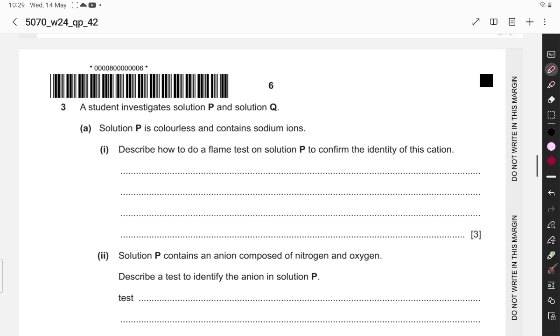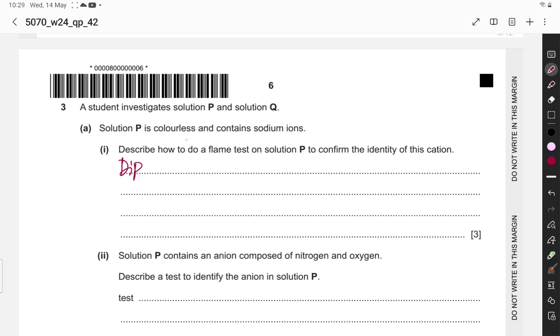Question number 3. A student investigates solution P and Q. Solution P is colorless and contains sodium ion. Describe how to do a flame test on solution P to confirm the identity of this cation.